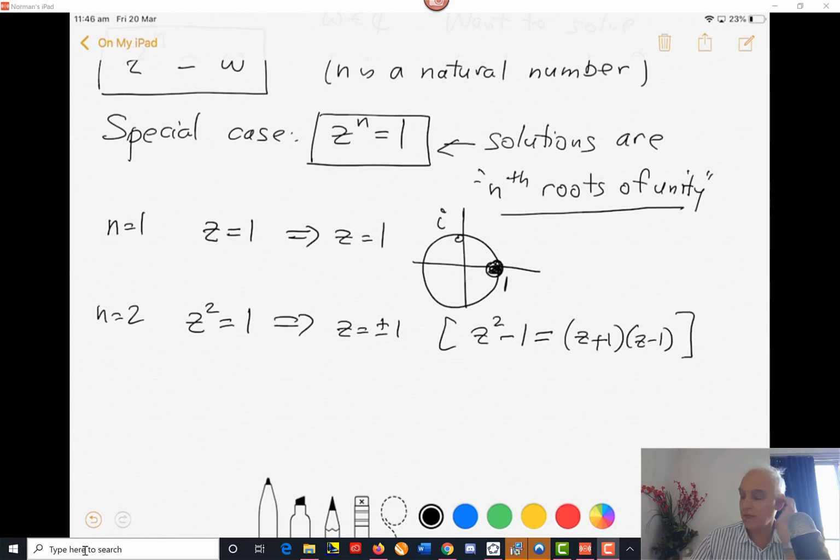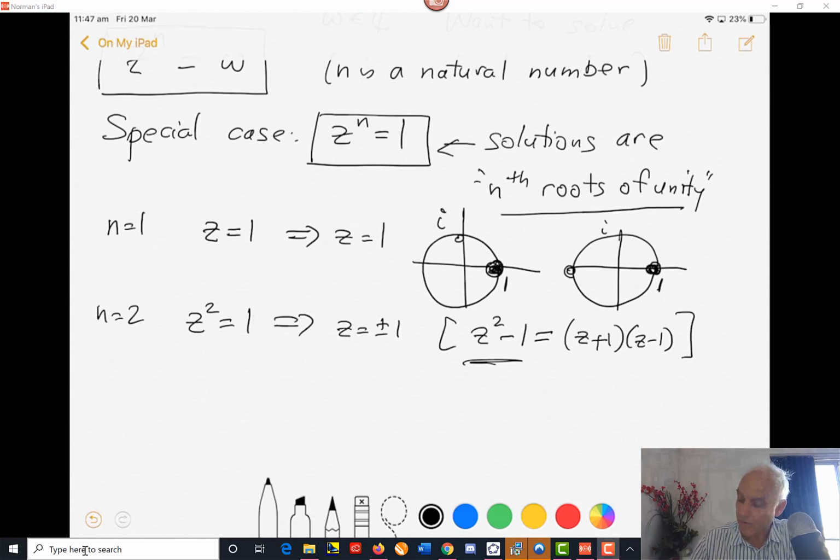So it's really the factorization of this into these linear factors that gives us the roots or the zeros. And there are two of them in this case, plus and minus 1. So if we drew a picture, the picture for this second case would be, there's this one and this one.